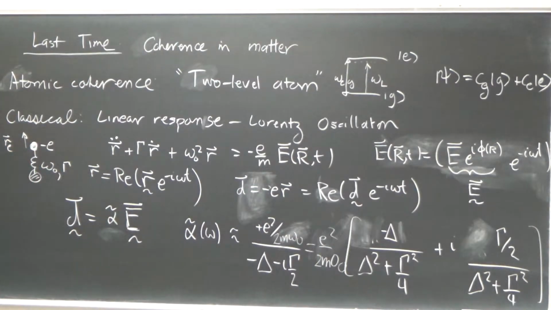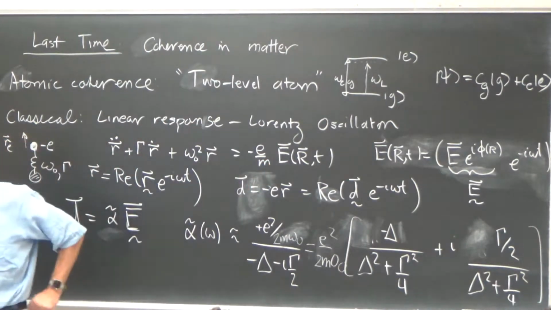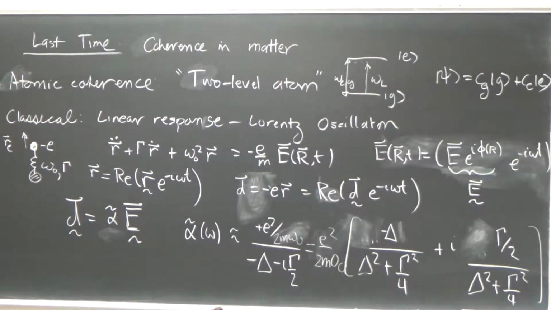Right. So the simple picture here is we think about an electron bound on a spring, and the motion of that electron is then driven by some external electromagnetic field dominated by the electric force that acts on the electron.